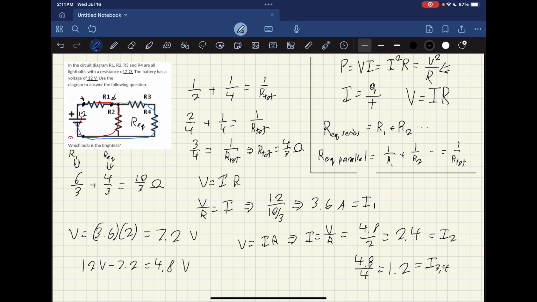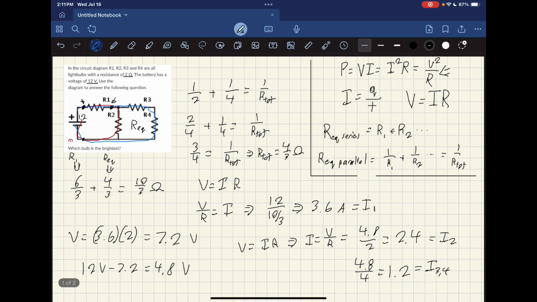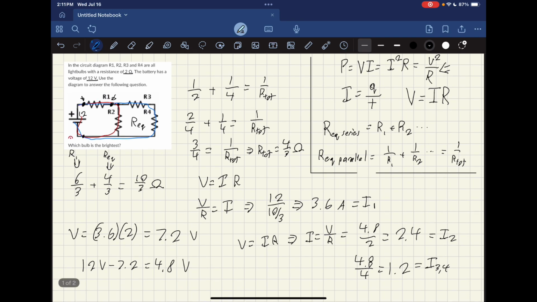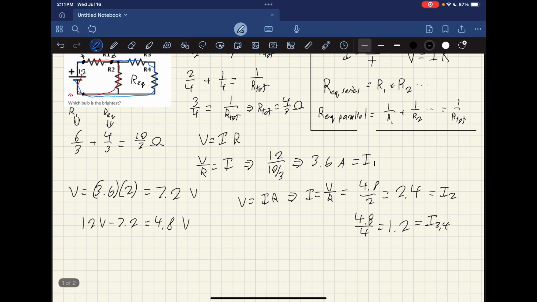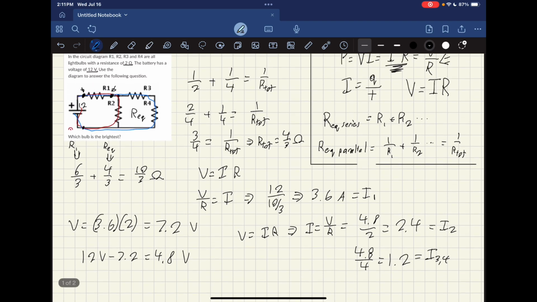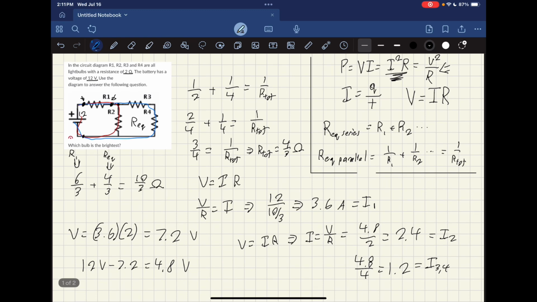So we can see that resistor 1 has the most current flowing through it with 3.6 amps. If we look at our equation for power, we have I squared times R. So let's take this bottom one, which is 4. It has the most resistance. This is R3 plus R4. I is only 1.2, and so that number is not going to be very big.